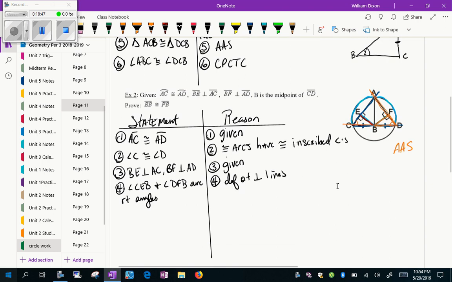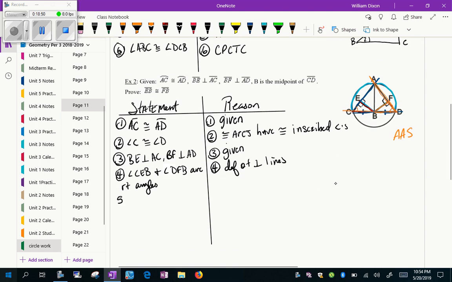All right, 5. I have angle CEB is congruent to angle DFB.